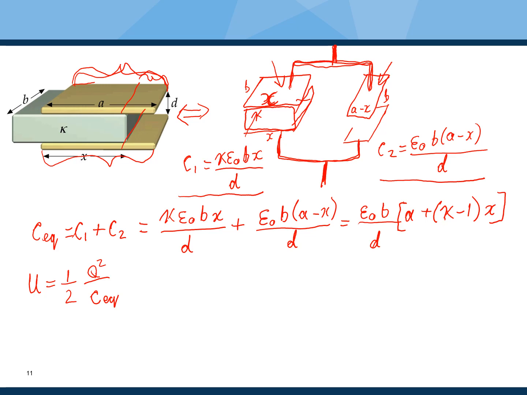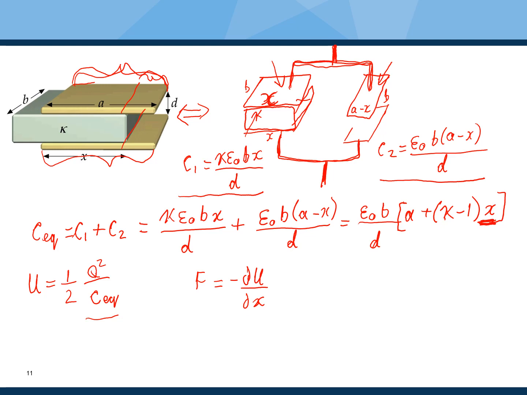And if you're asked to evaluate the force, you can say that the force is just equal to minus dU by dx. Notice that this expression for C_EQ is written in terms of x, and therefore you can indeed differentiate it if you're required to do so.